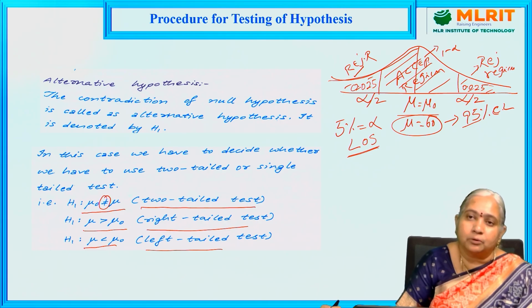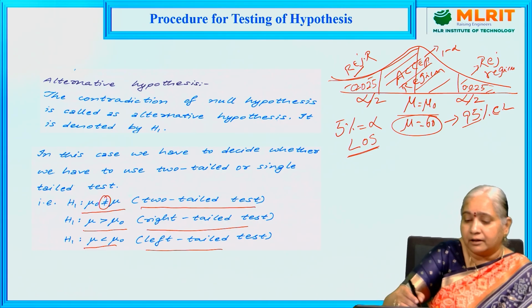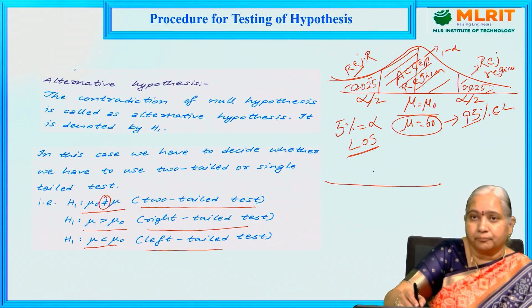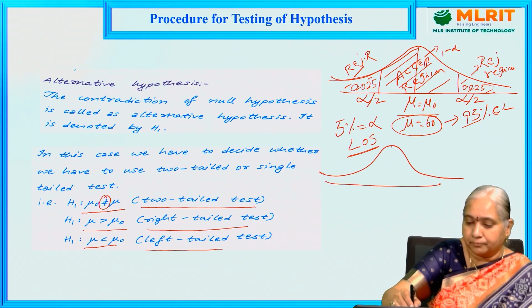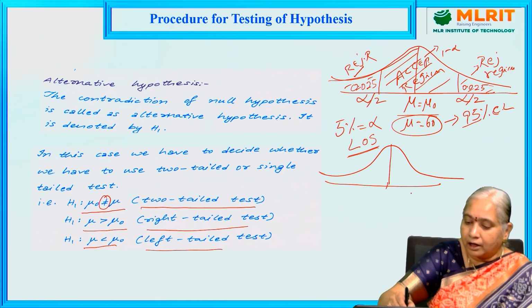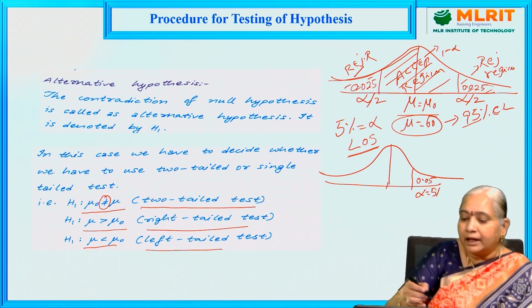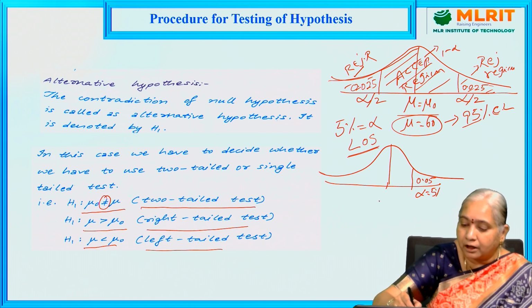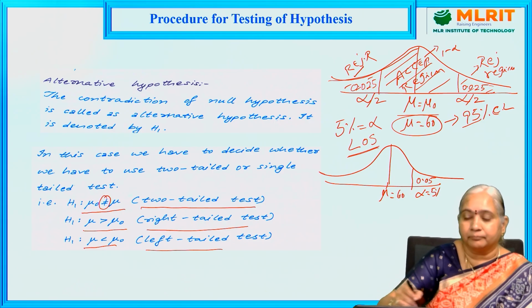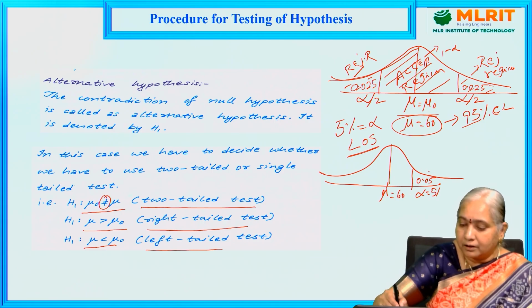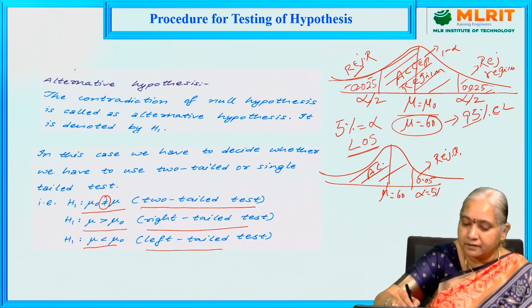Suppose we take the total error on either side of the mean. Suppose alpha equal to 5%, that is 0.05. Here I am taking the total error to the right of the mean. So this area is called the rejection region and this area is called the acceptance region.